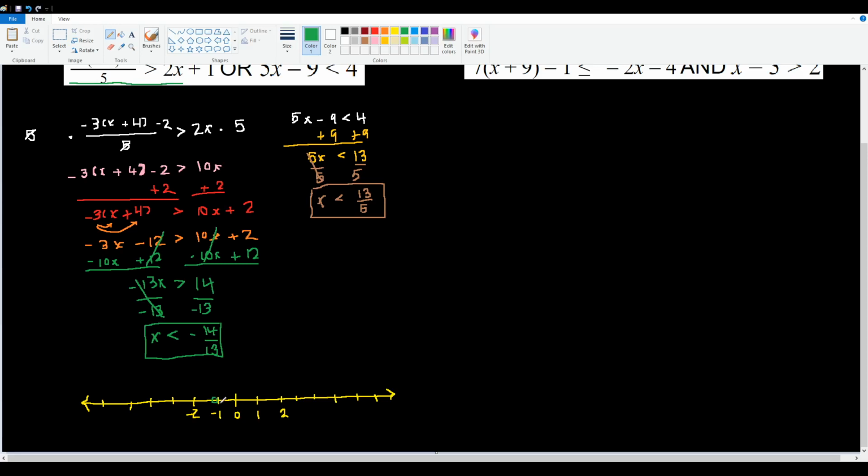And because it is less than, it would be going in this direction. So we'll just plot it that way. Okay. And now we will plot our x is less than 13/5. So 13/5 would be around here. And we're going to draw a line going this way.